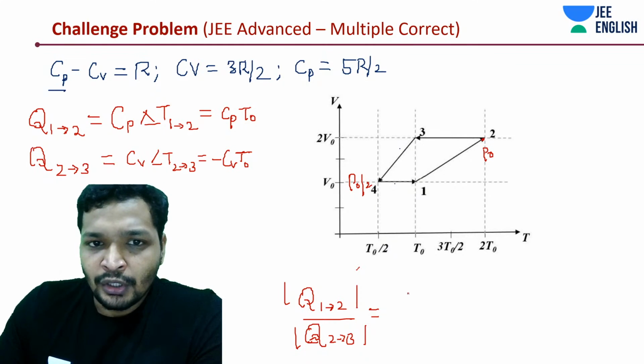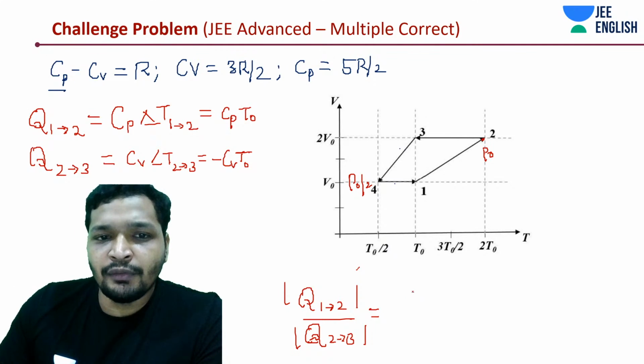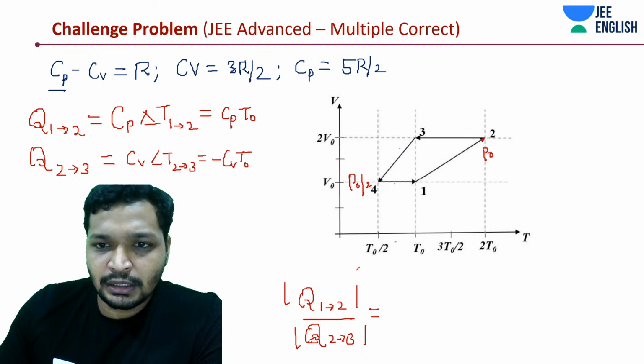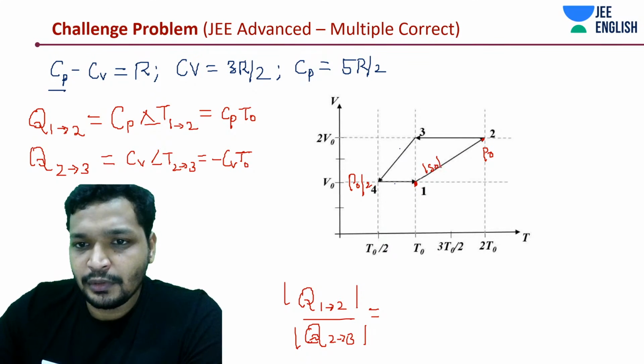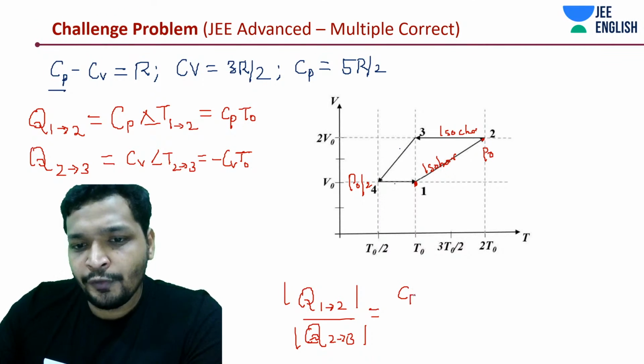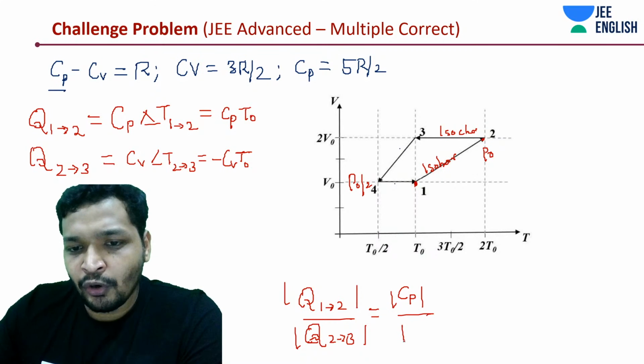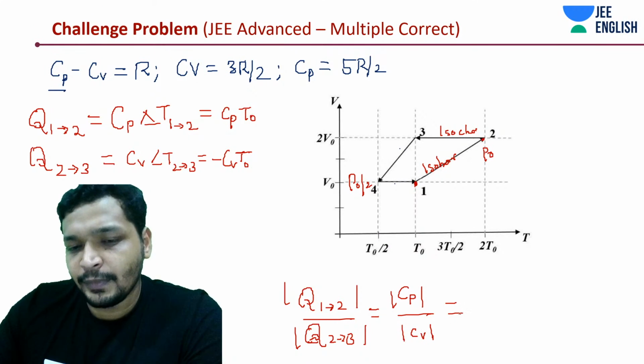So it's basically a mod of CP. So this is isobaric. This was isobaric. It's basically mod of Cp by mod of Cv.